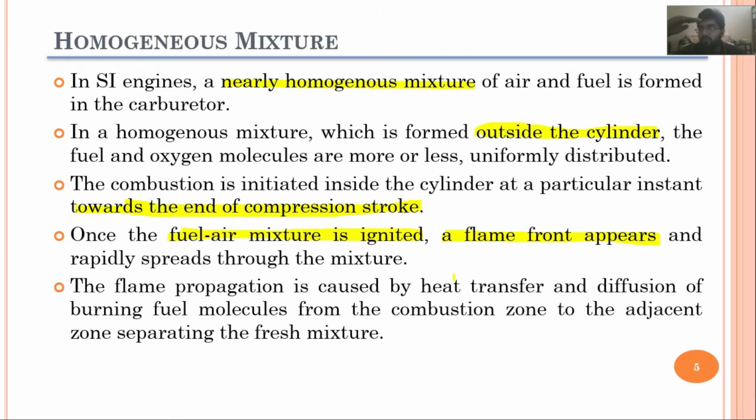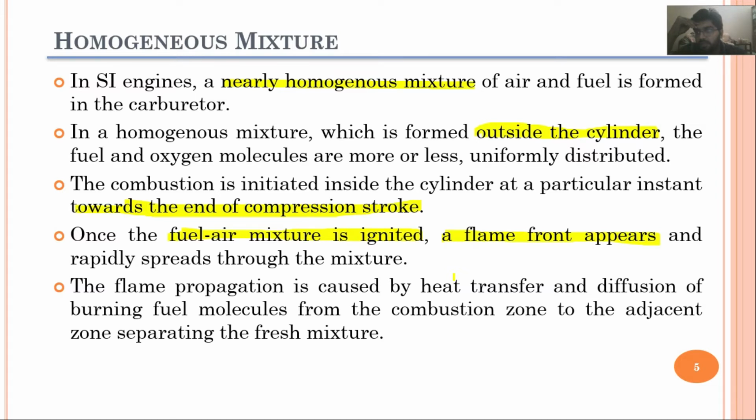The fuel which is closer to this cylinder head will first ignite, and then the flame will appear in the upper layers, which is basically called the quiescent zone. I will explain where this quiescent zone exists.